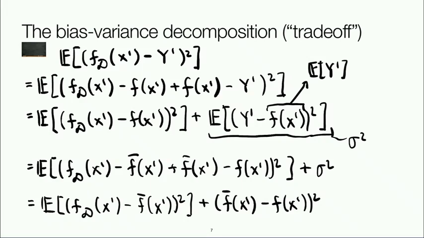Does it have enough capacity, enough power to represent the true function that I wanted to learn, irrespective of the data that it's actually being trained on? Let's take that out of the equation and just ask, on average, is my model good enough to learn the underlying function, okay? That's what the second term is trying to get at here. And then I have sigma squared.